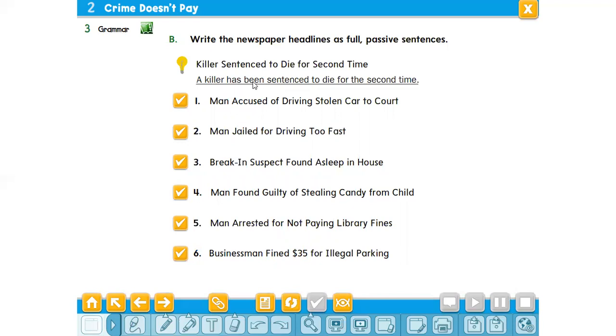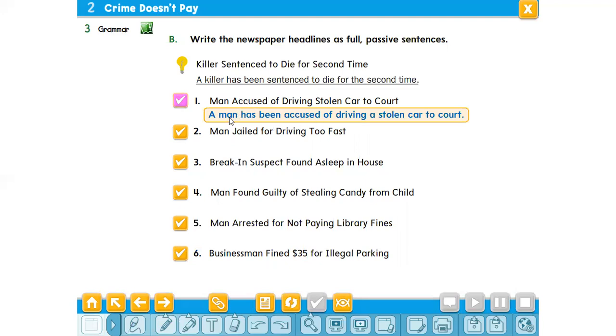Has been plus past participle. Okay. Man accused of driving a stolen car to court. Where is the verb here? Accused. Excellent. A man has been accused.